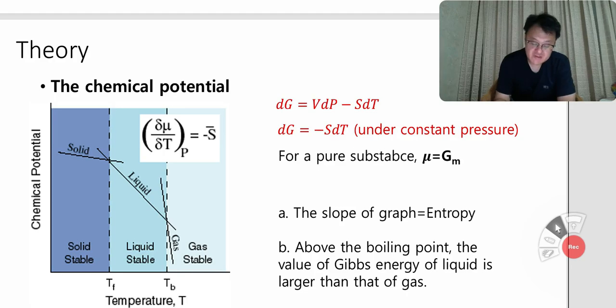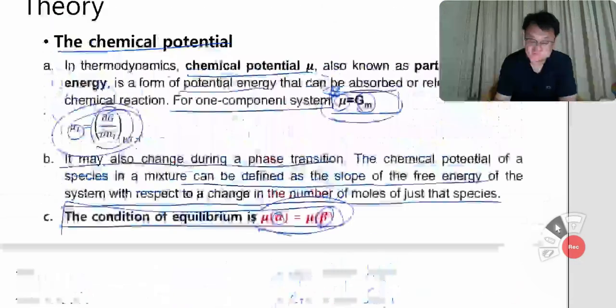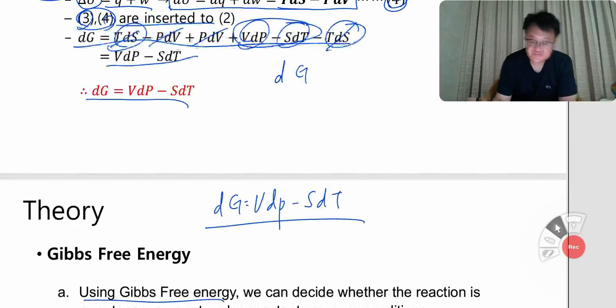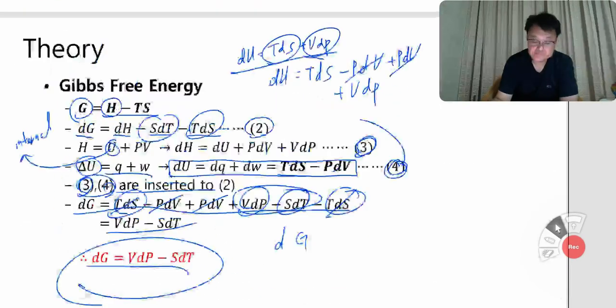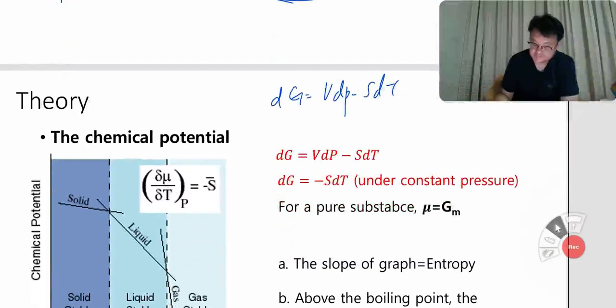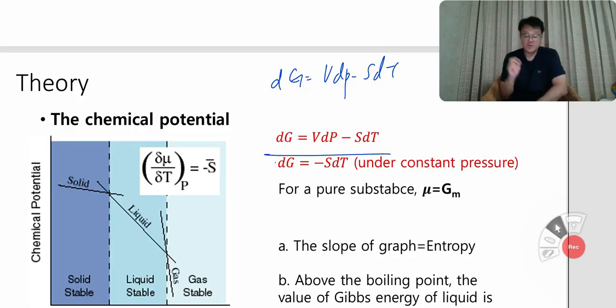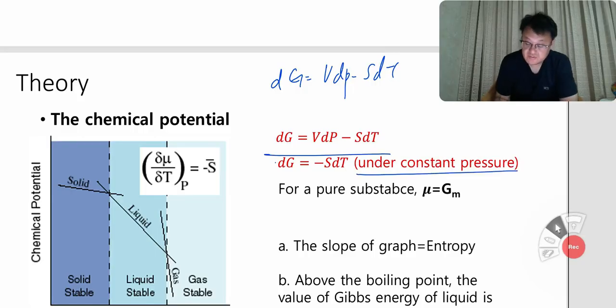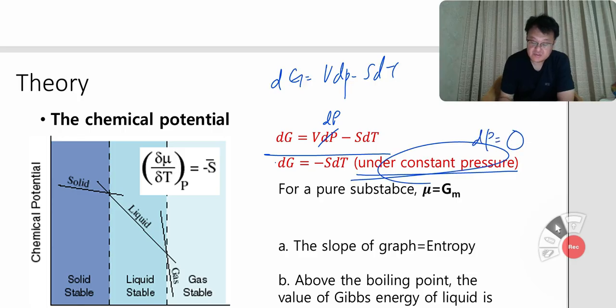So we learned that dG equals VdP minus SdT, right? That is something we learned actually from here. So when you consider the pressure is remaining the same, then you can remove that, because dP becomes 0, then dG becomes minus SdT.